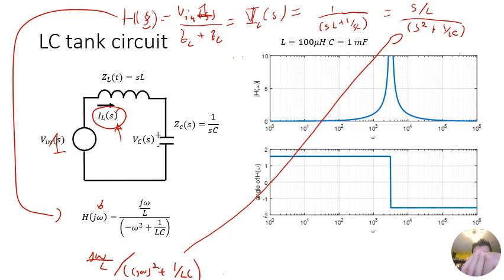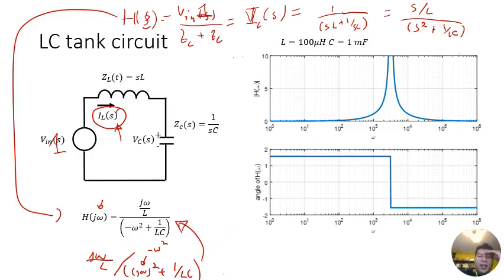And then once I have that, I can just realize that this is a negative omega squared, and then that gives me this expression here. Okay, so that's our frequency response. Now we can evaluate this for different values of omega and extract the magnitude.